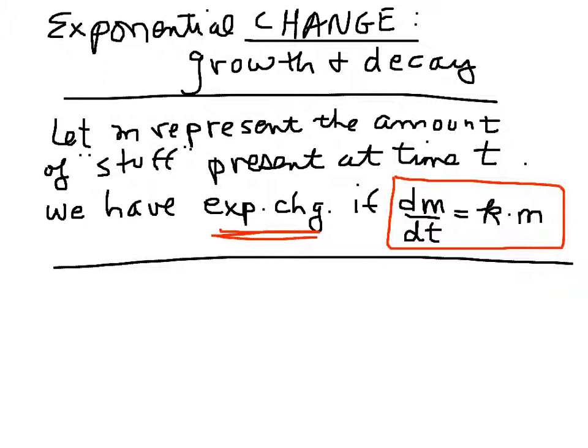And what I want you to understand here is that the rate of change of whatever it is is directly proportional to how much there is. So if it's growing, the more there is, the faster it grows, and that's what we talk about with exponential growth, it just gets so steep. And if it's decay, as this gets smaller and smaller, the rate of change gets less and less. So now we'll look at this with some examples.